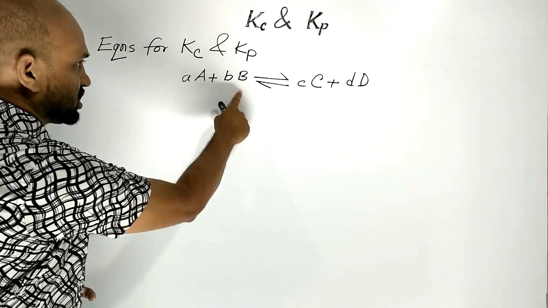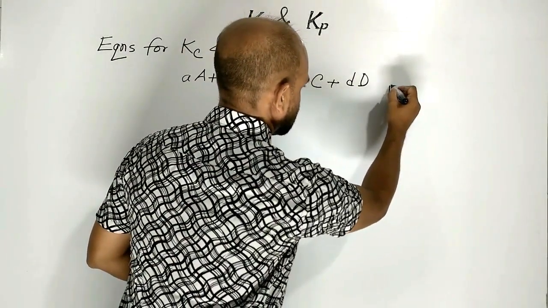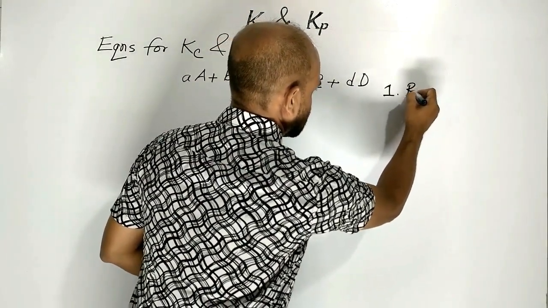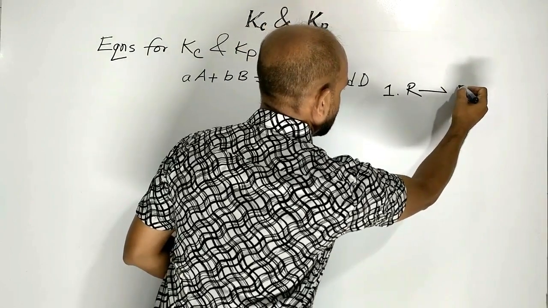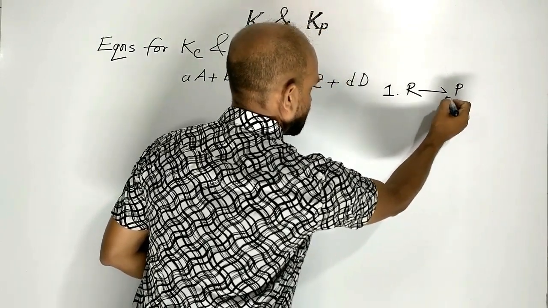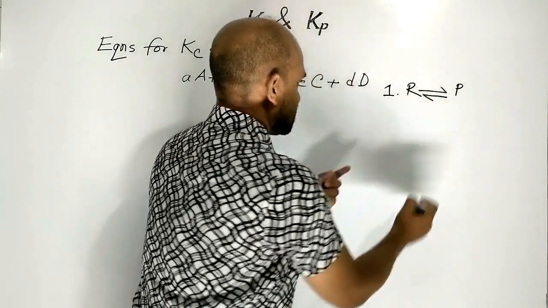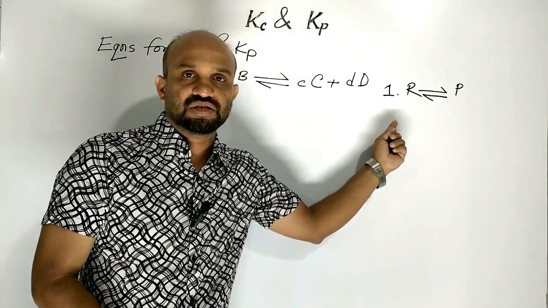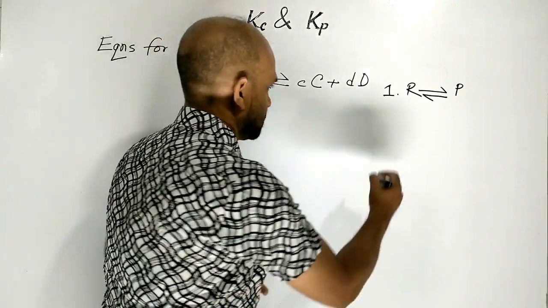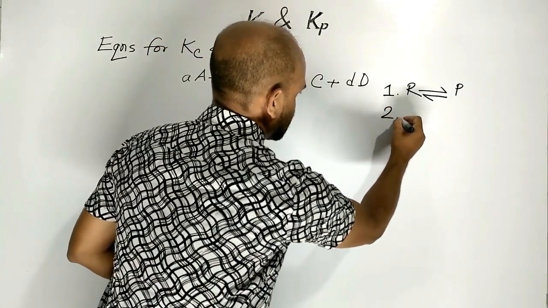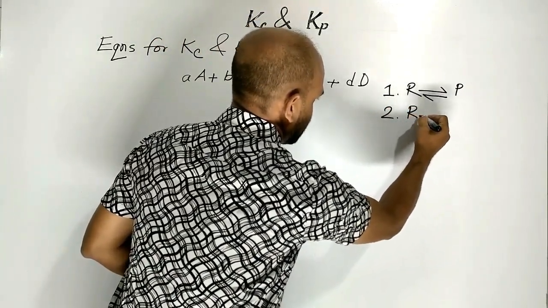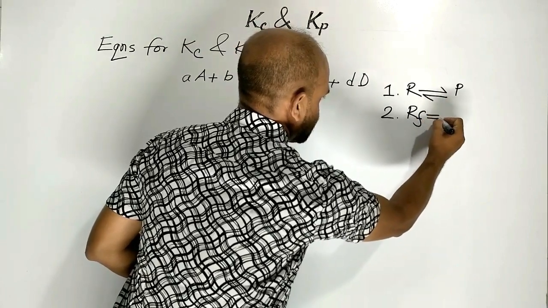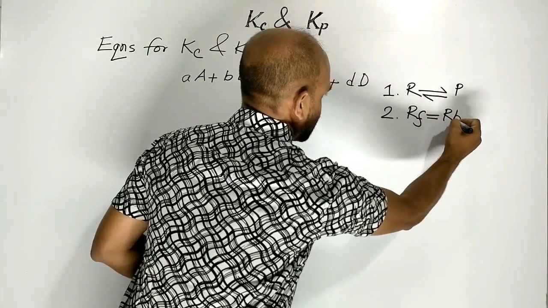This is a kind of reaction in which reactants convert to products and products convert to reactants. This is characteristic number 1. Characteristic number 2, rate of forward reaction equals rate of backward reaction.